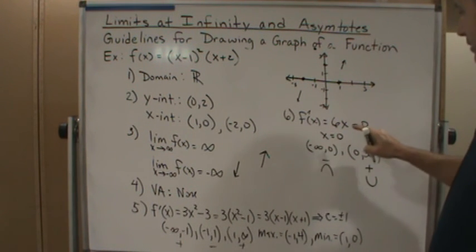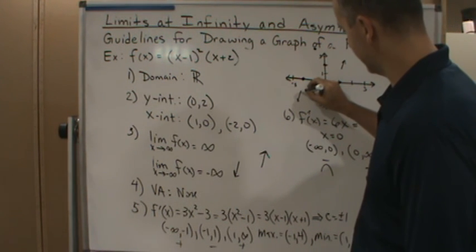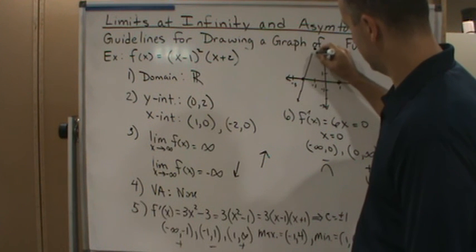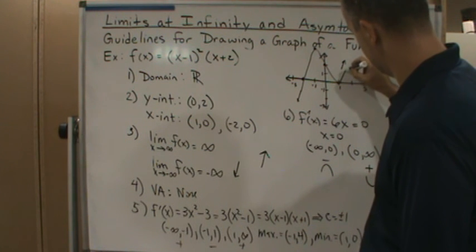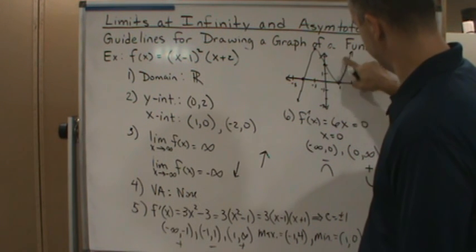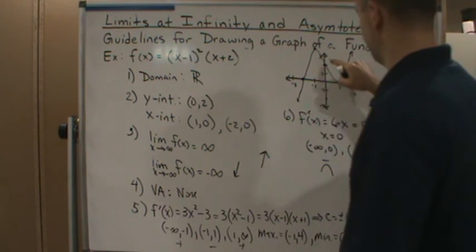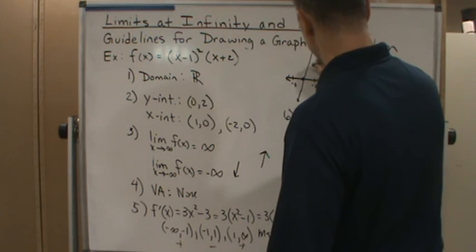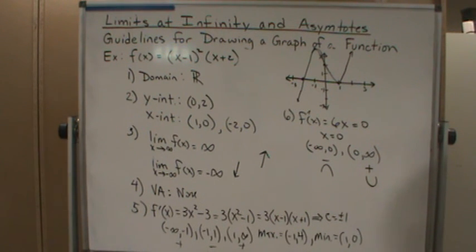So that means there's an inflection point at 0, which is right there. So it's going to look something like that. So there's an inflection point here, so maybe it's a little more curved, right? So anyway, we're just sketching the graph. So there it is. That's what it looks like.